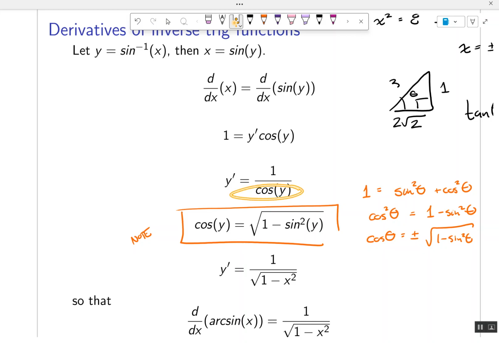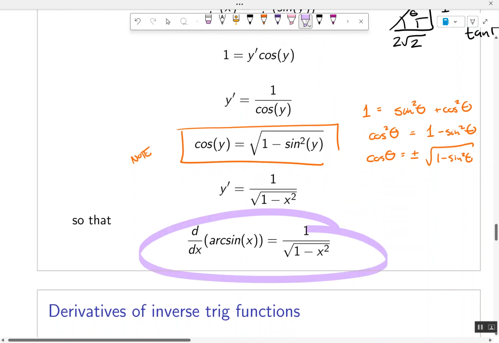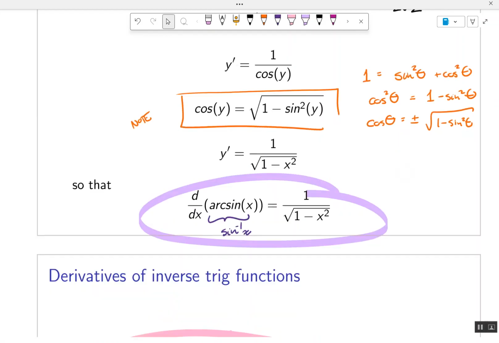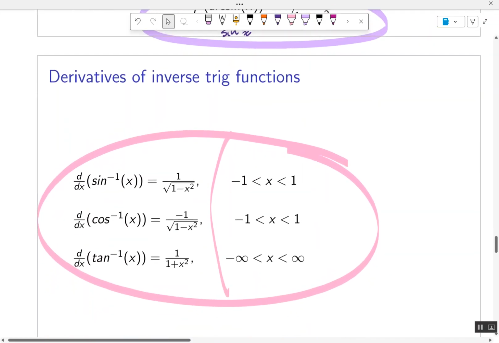So we get 1 over the square root of 1 minus sine squared, and sine was x, so that's where we get the x squared. So at the end of the day, this is my derivative of arcsine, which is the same thing as this notation. So that's where the derivative comes from. You'll notice that they're all pretty similar.